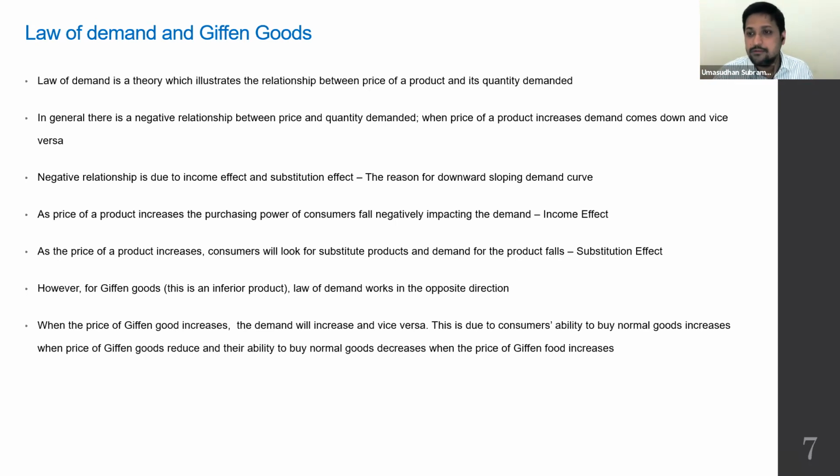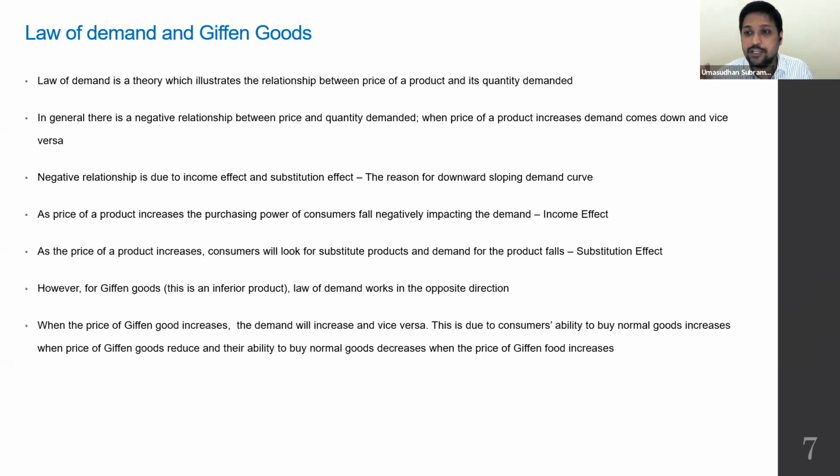So you reduce the demand for Giffen goods when the price goes down because your purchasing power increases. You will be able to buy better quality goods. That's something you need to understand.